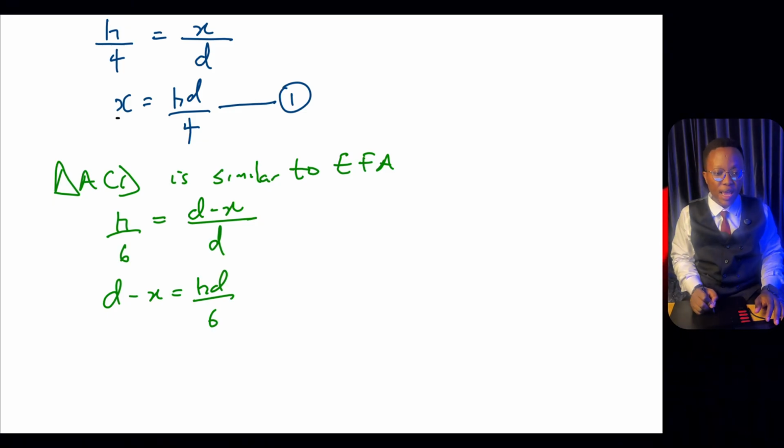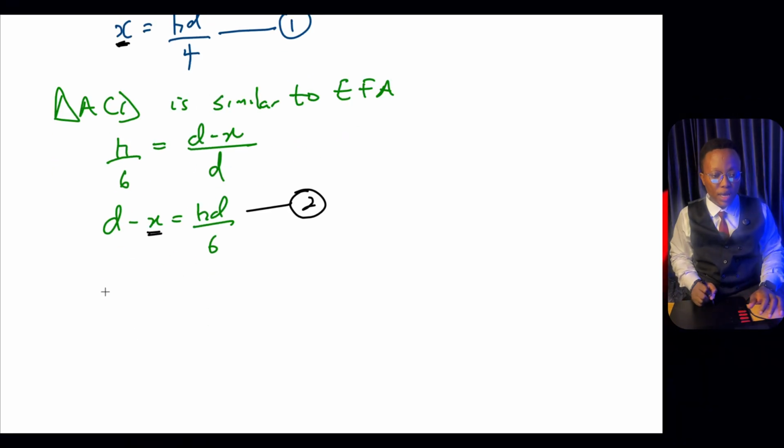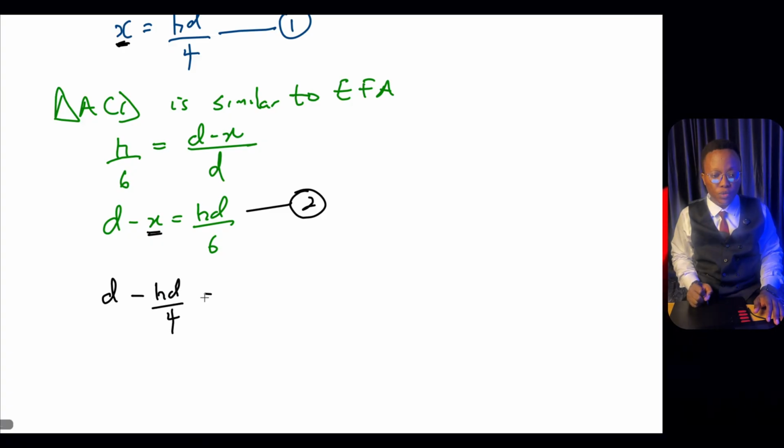If we replace x here with all of this, like we're solving simultaneously now, we will then have d minus hd all over 4 equals hd all over 6. 6, not d, sorry. hd all over 6.